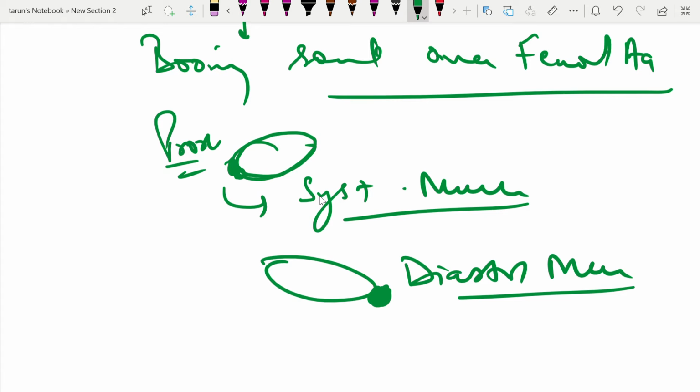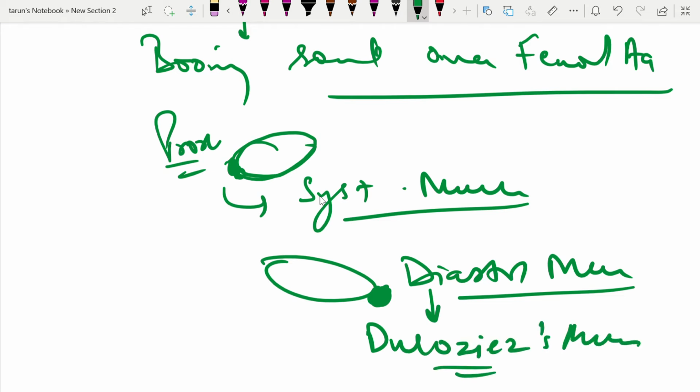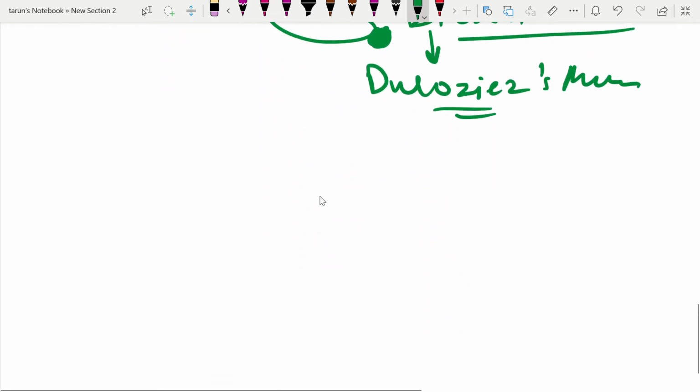Distally, diastolic murmur; proximally, systolic murmur. The distal compression of the femoral artery which produces the diastolic murmur is also termed Duroziez's murmur. So this is another sign of aortic regurgitation.